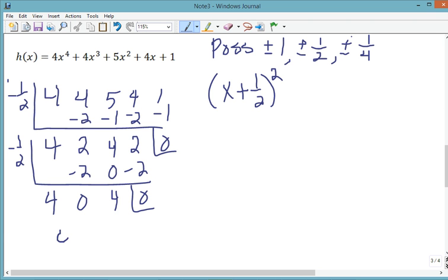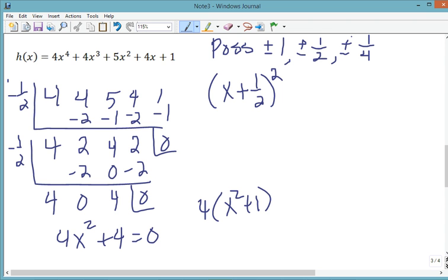Now I have 4x squared plus 4. I want to find out where that equals 0. Let me factor out a 4, and I would have x squared plus 1.